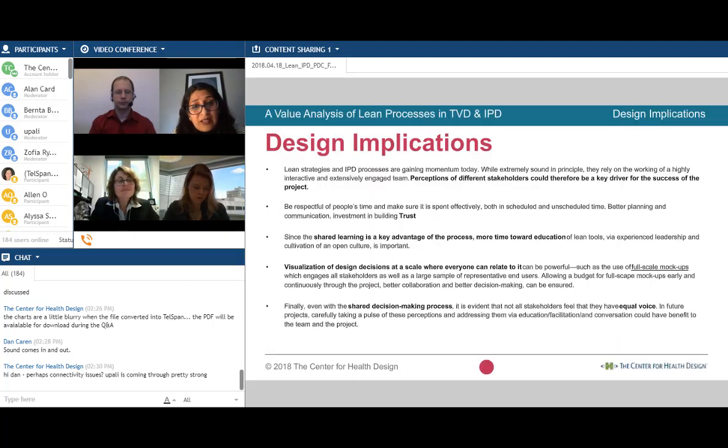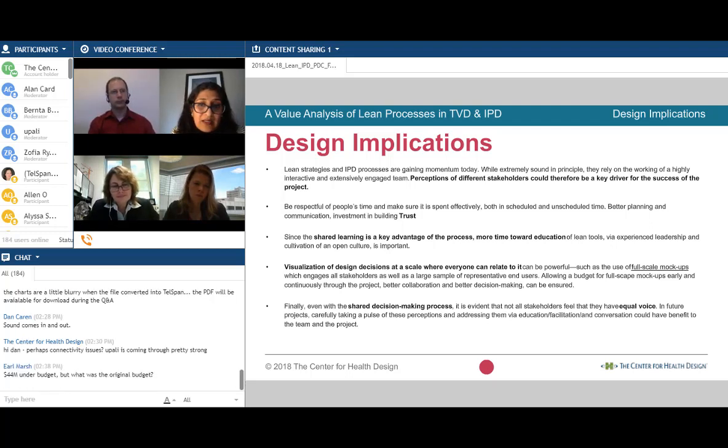So to kick off our discussion, what are some of the things we learned about how it can influence practice going forward? First, that perceptions of different stakeholders could be a key driver for the success of the project, so we have to think about those.